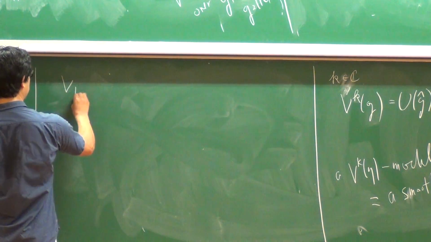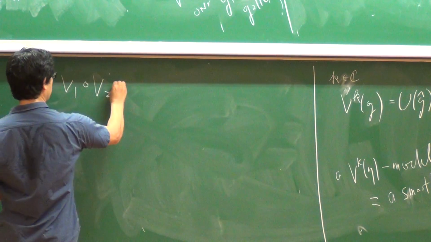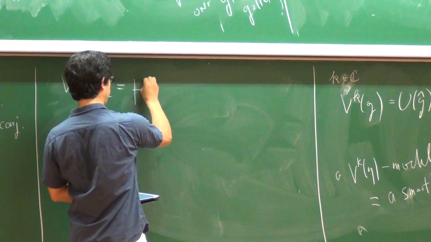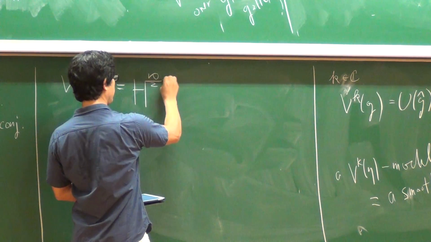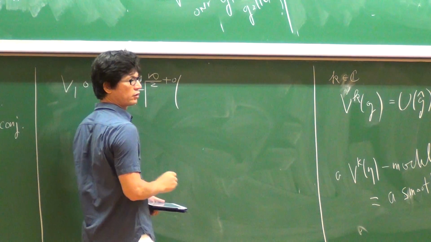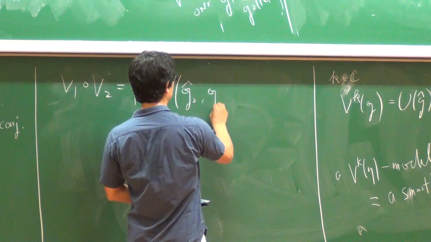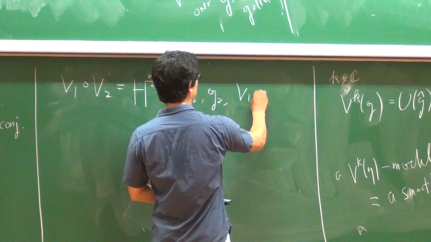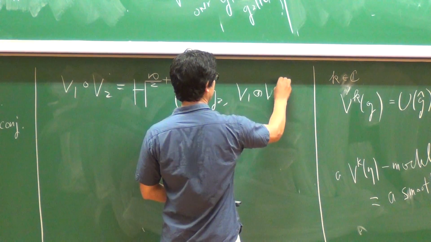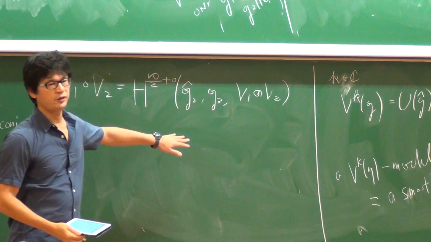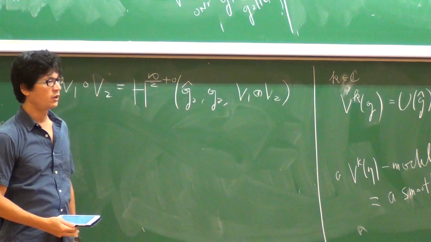And so the composition is given by the relative semi-infinite cohomology of the Weyl tensor group, which is a vertex analog of symplectic reduction.